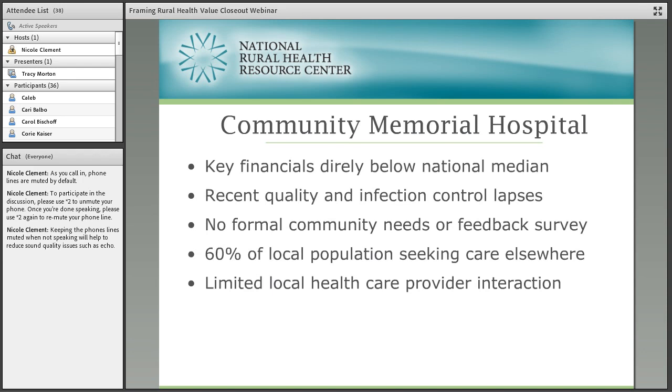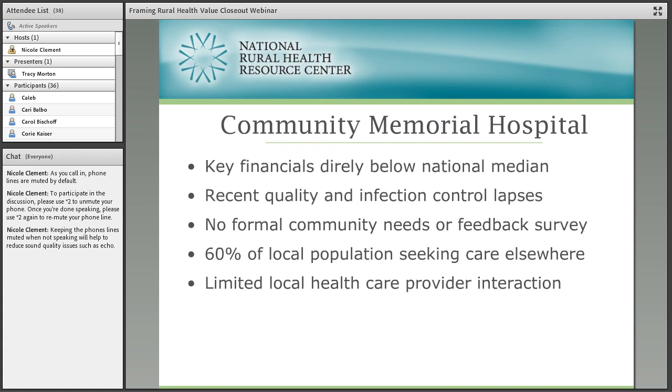Their key financials were direly below national medians, and they recently had some quality and infection control lapses. They didn't have any formal community needs survey or assessment, and they didn't have any formal process to get feedback from either the community or their patients. About 60% of their local population was estimated to be seeking care elsewhere, and they had limited local healthcare provider interaction.